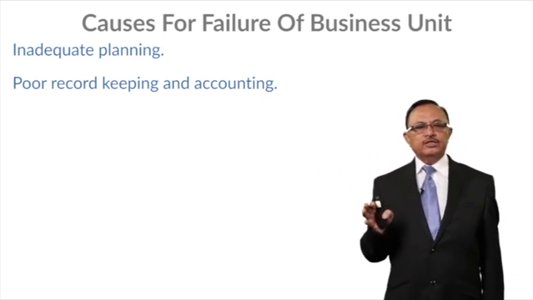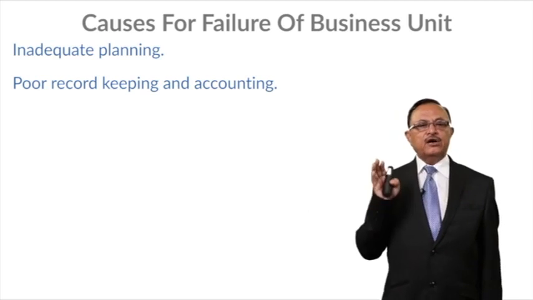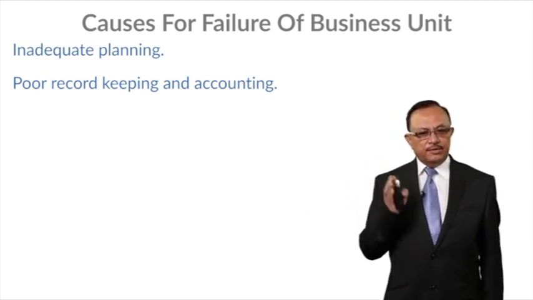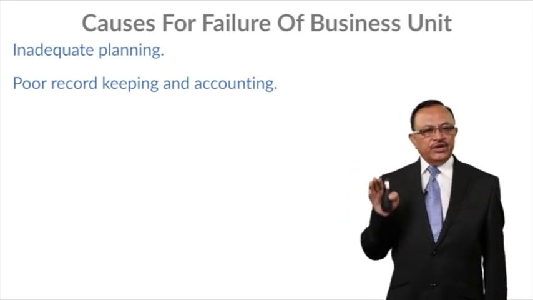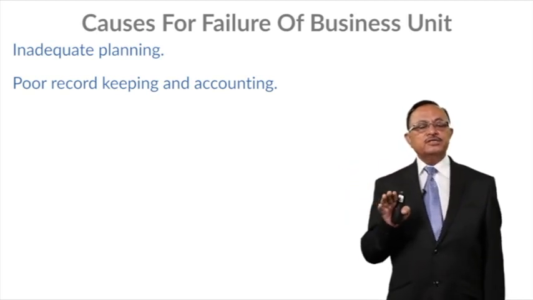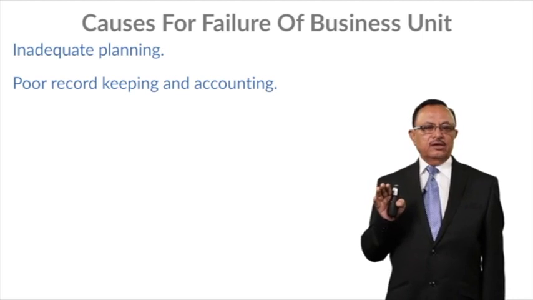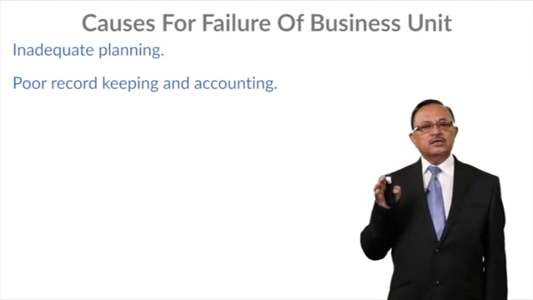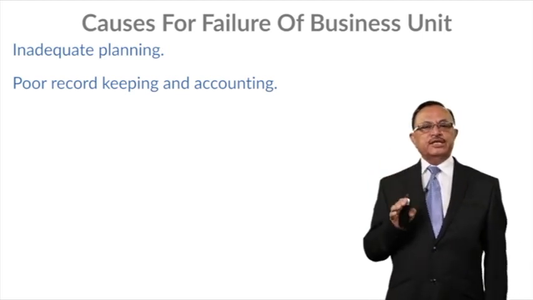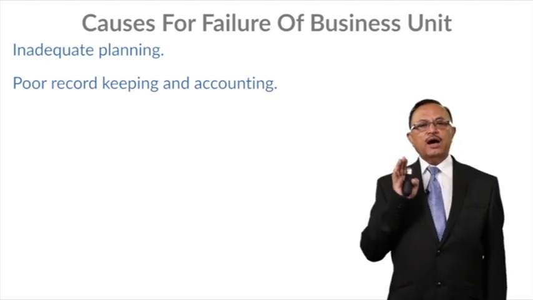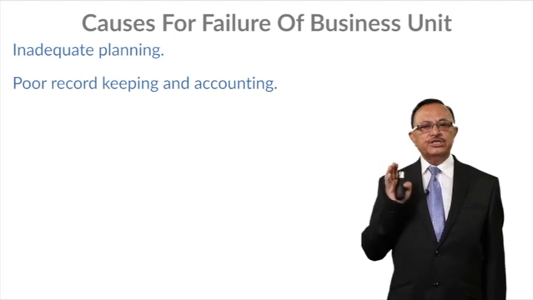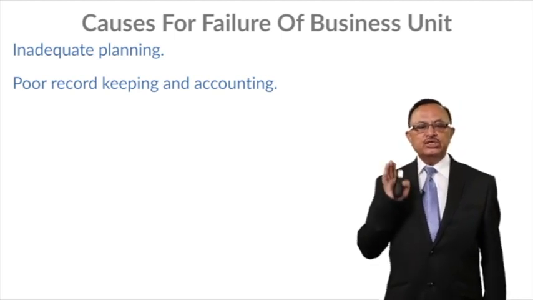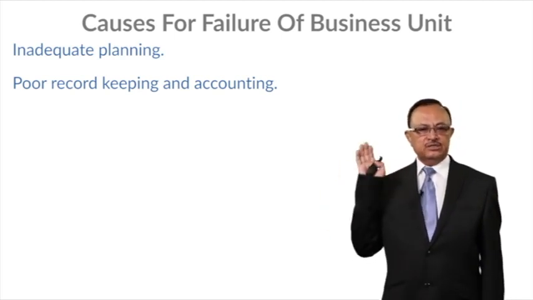GAAP, generally accepted accounting procedures. That means our accounting entries should be as per GAAP. Friends, as of date, GAAP is also less used. Now they are accounting business transactions on the basis of IFRS. IFRS means International Financial Reporting Standards.